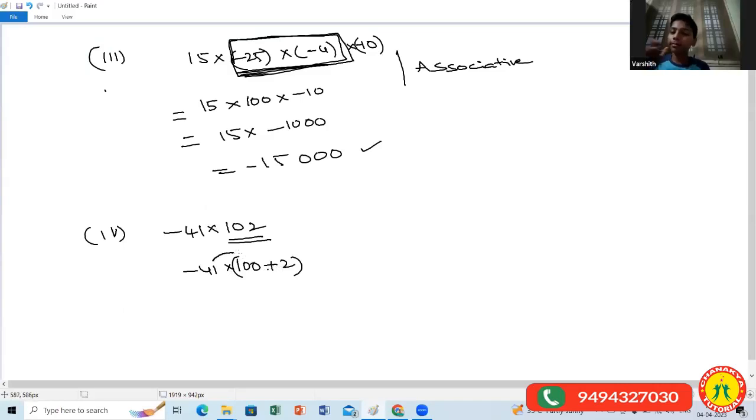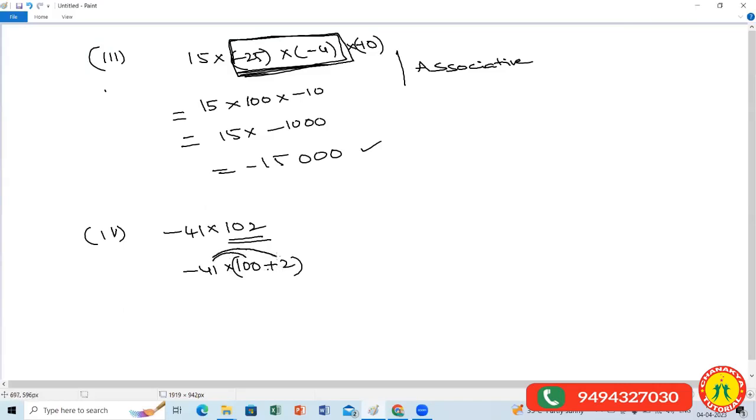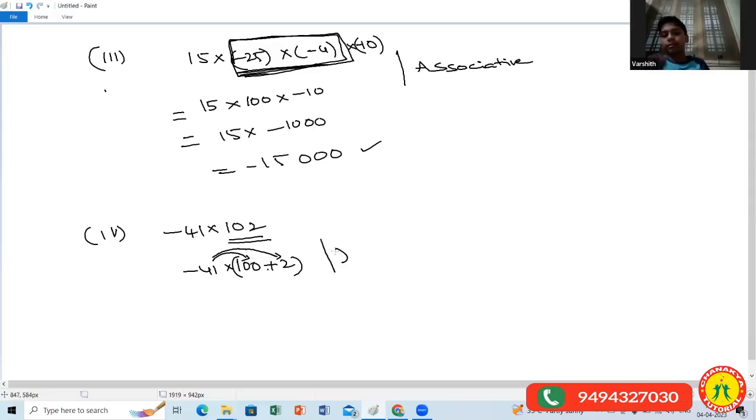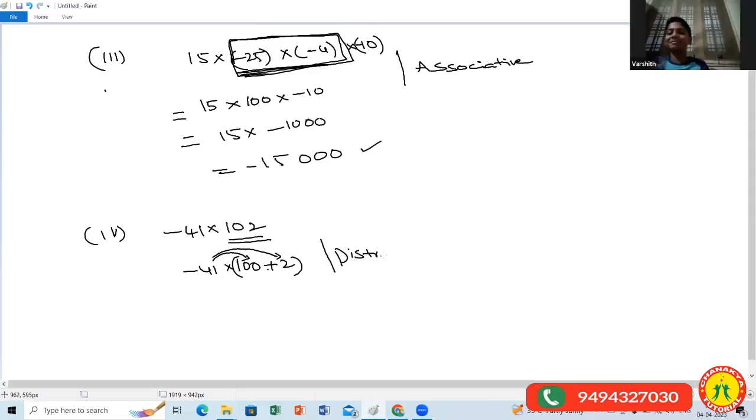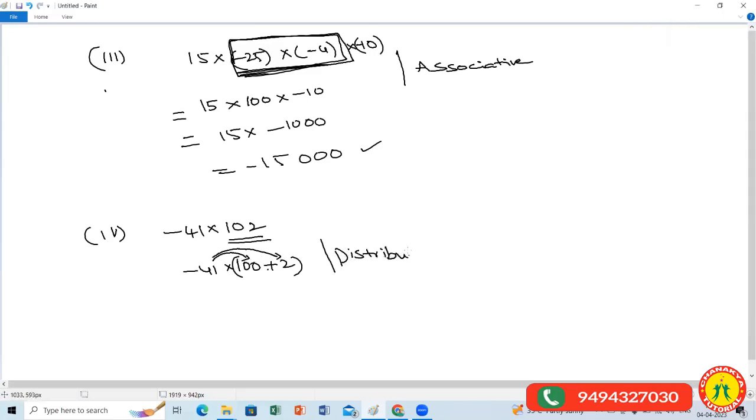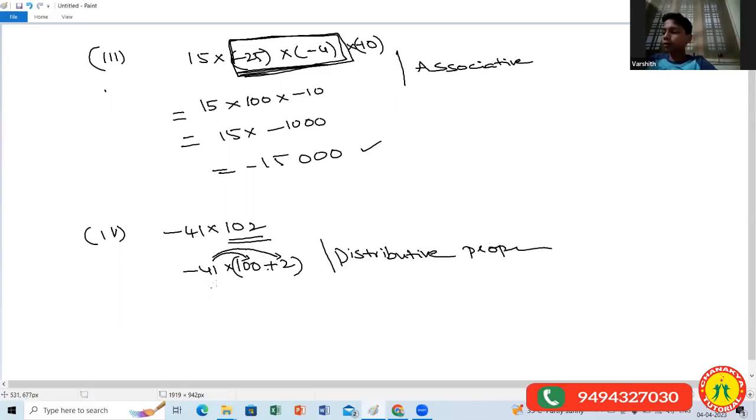Bracket outside, who is it? Distributive, ma'am. Distributive property. Don't forget mother and children property. Don't neglect our parents. You know it very well.